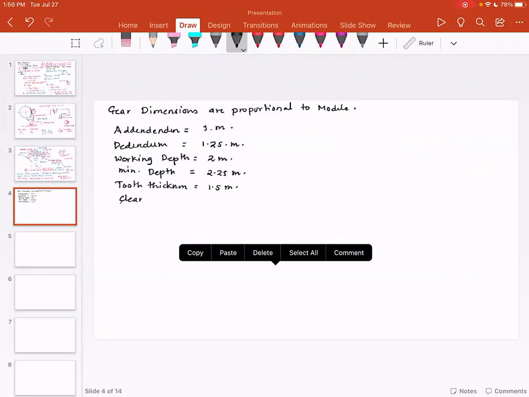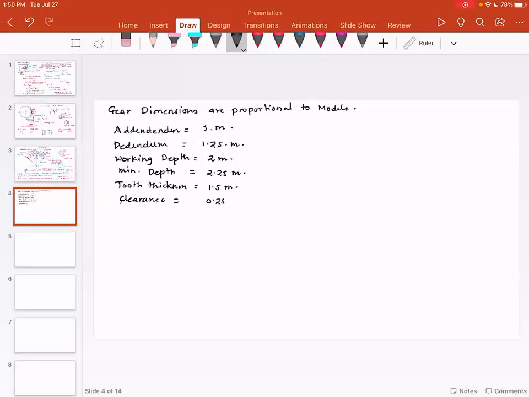Clearance is equal to 0.25 millimeter. And fillet radius is 0.4 times module. This is not millimeter, this is module.